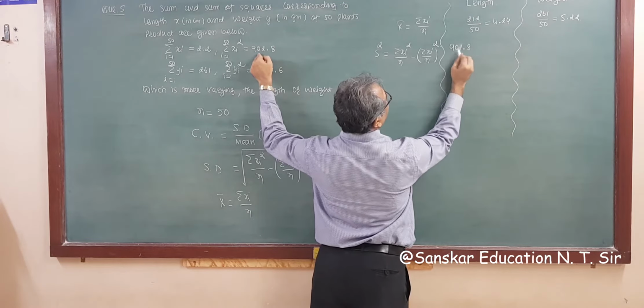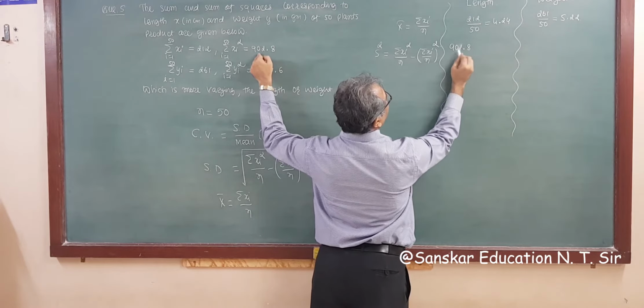So this is 902.8 divided by 50. Multiply by 2, this becomes 100, so we get 1805.6, that is 18056.